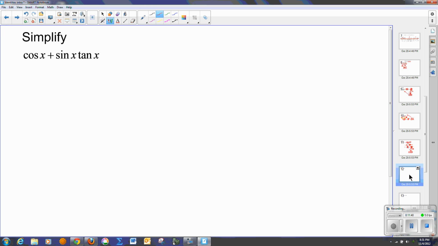Again, I see that I don't have any options for Pythagorean identities. So I will go ahead and change the tangent, because that's really the only thing I can change, to sine over cosine.